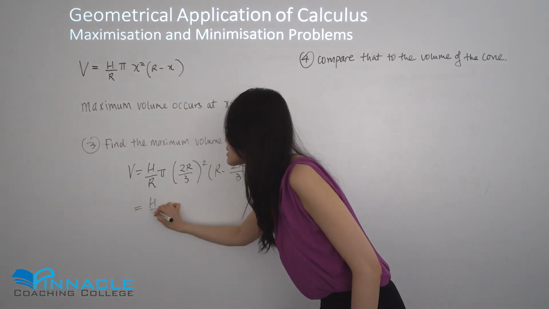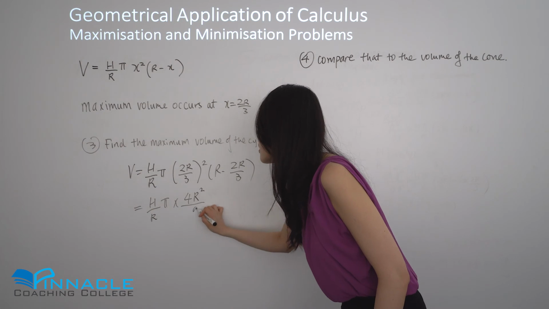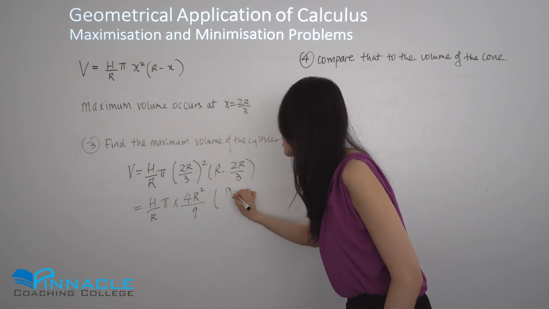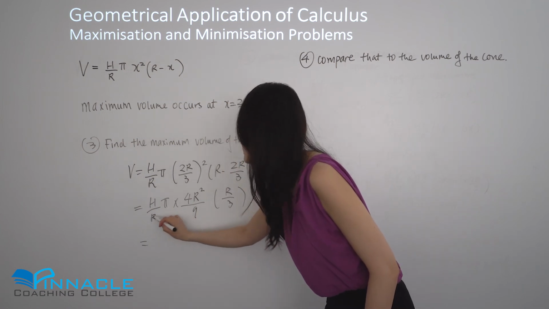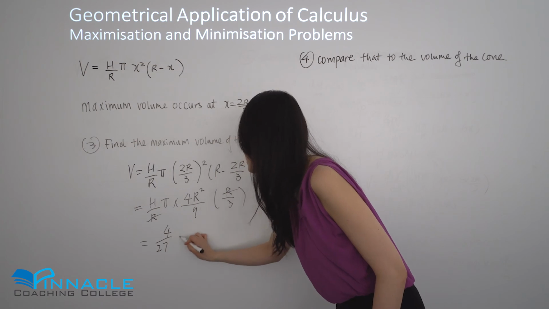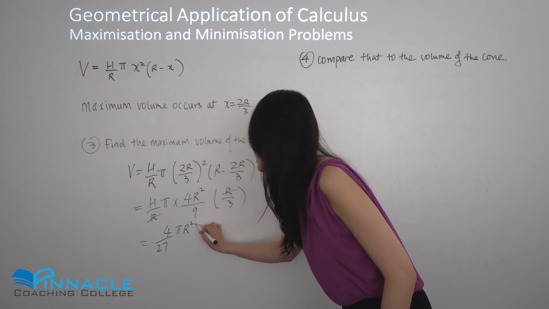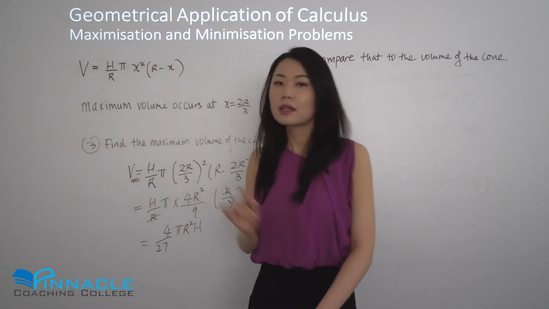Evaluate everything, just clean up the expression a little bit, and then simplify everything. So let's cancel that. So we get 4 on 27 πr²h. And let's label that as max.